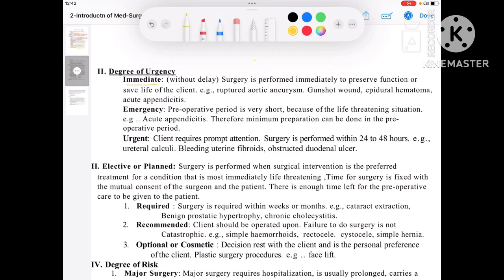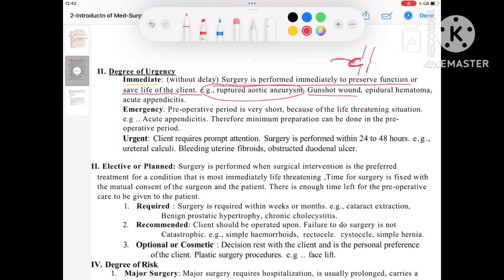Immediate means without delay. The surgery is performed immediately to preserve function or save the life of the client. Examples: ruptured aortic aneurysm. Have you heard about a ruptured aortic aneurysm? It is a dilatation of the blood vessel which will break or rupture.